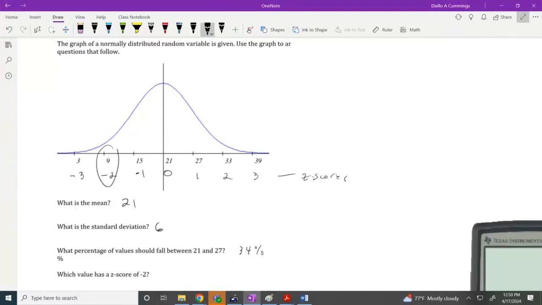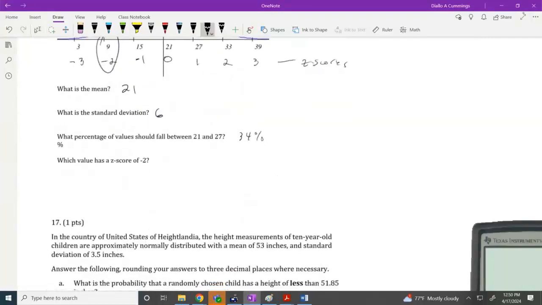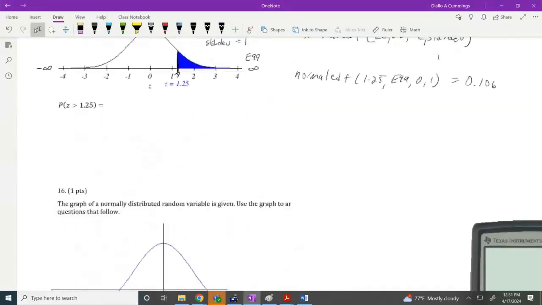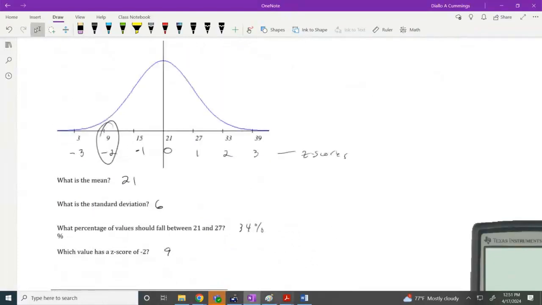So 9 would be the value with a z-score of -2. So that would be 9. All right, so that's number 16. So you will need that empirical rule, and it's in the lecture notes.